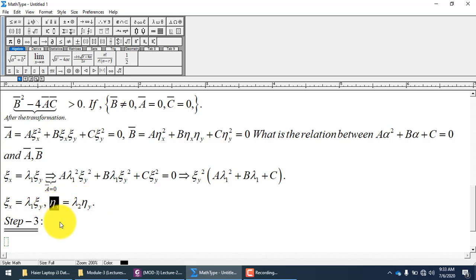If you divide both of them, from equation 4 you can write one characteristic equation.